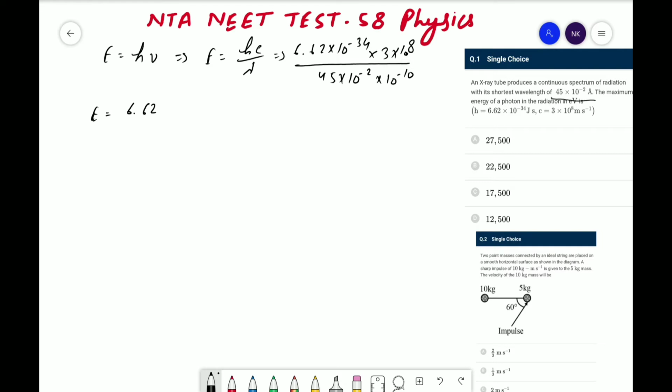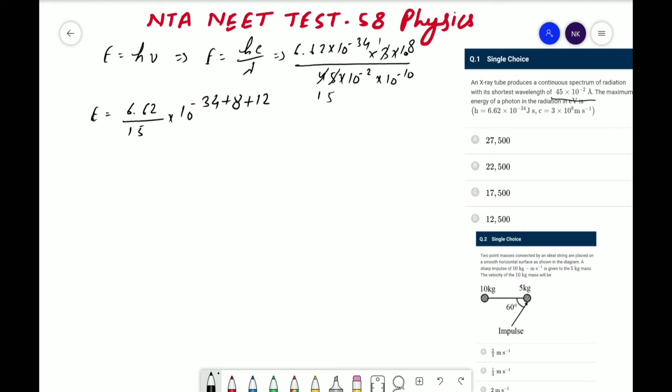6.62, 3 ones are 3, 3 ones are 3, 3 fives are 15. So 6.62 divided by 15 into 10 to the power minus 34, and this one is plus 8, minus 2, minus 10, minus 12, and when it goes up it will be plus 12.